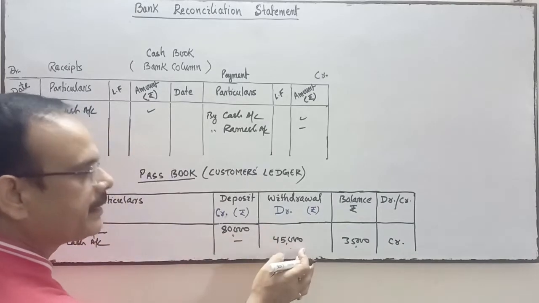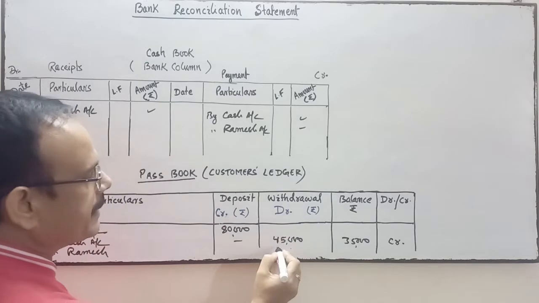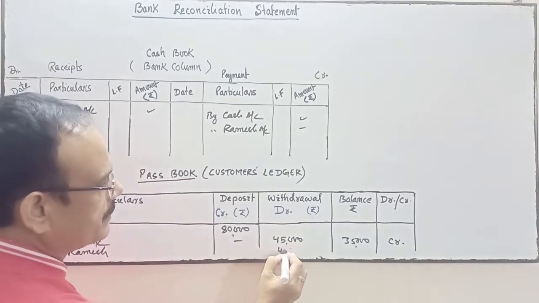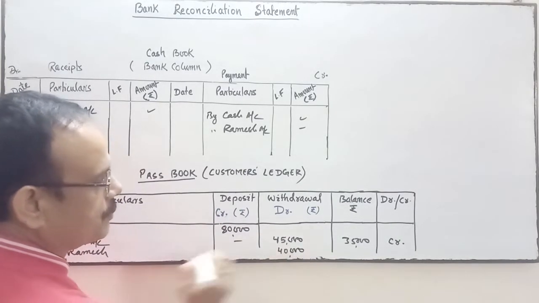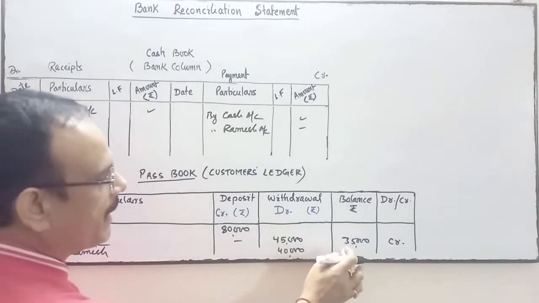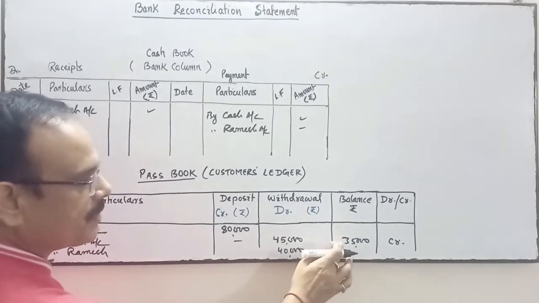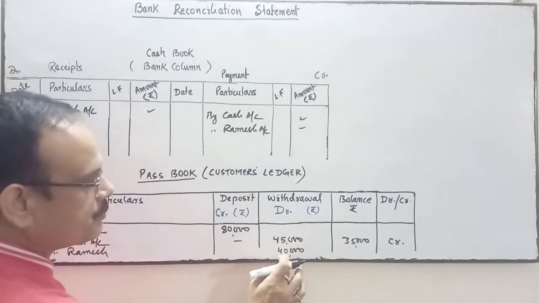Suppose again we have issued a check to Ramesh for 40,000. So on the withdrawal side we will write it in the debit column, and the balance will be: the previous balance was 35, now this much is withdrawn.